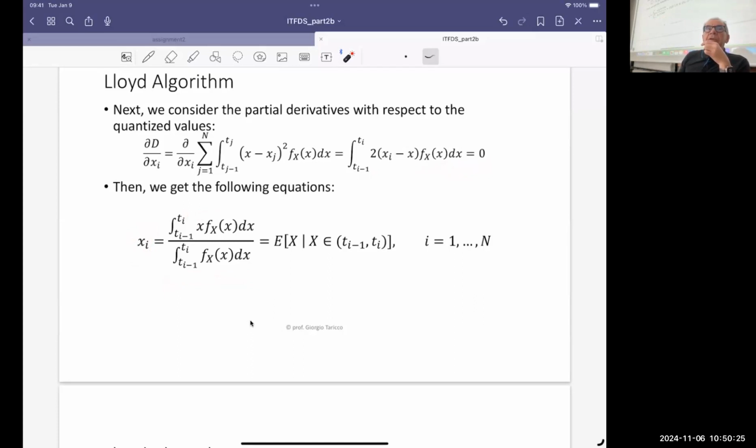This is called the conditional expectation of x with respect to the conditioning clause that x is in the ith quantization interval.